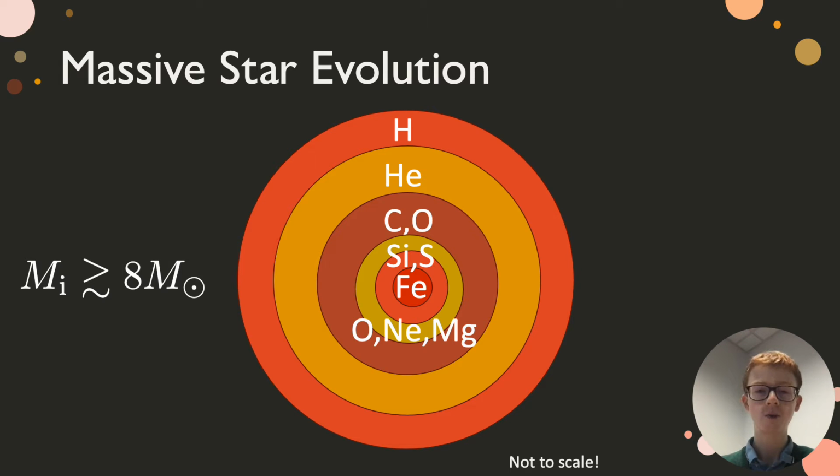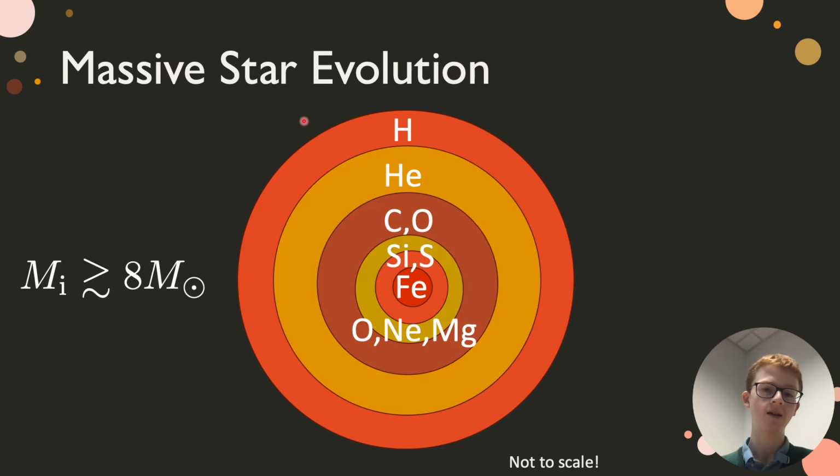Well, we start off with a hydrogen star, and this hydrogen then fuses to make helium, and from helium we get carbon and oxygen. From there, oxygen, neon, and magnesium, and then we get silicon and sulfur, and finally, in the centre, we build up a core of iron.